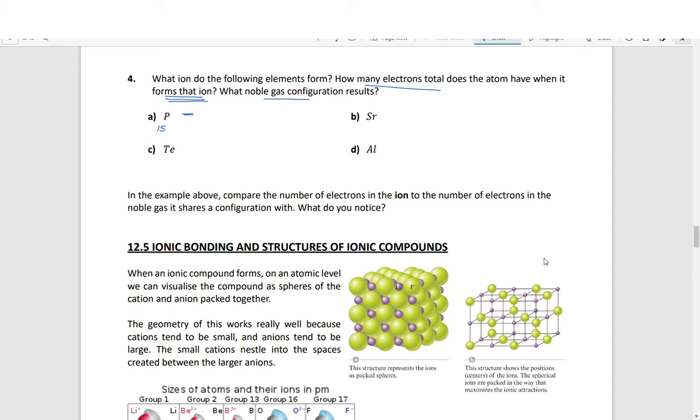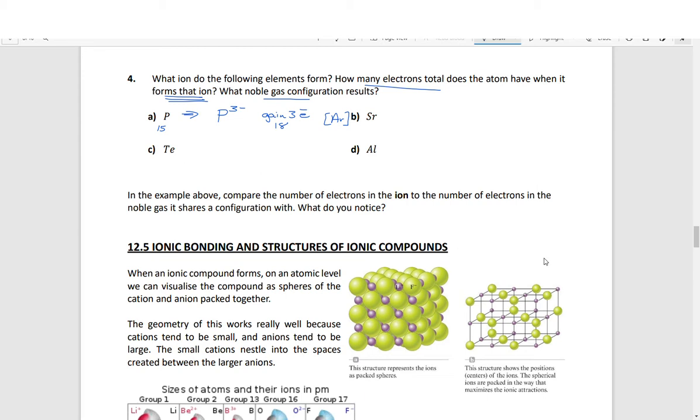I can take a look at the periodic table, and it commonly becomes phosphorus 3 minus. It becomes that 3 minus by gaining 3 electrons. So it has a total number of 18 electrons. That 15 plus the 3 is 18. And that's the noble gas configuration of argon.